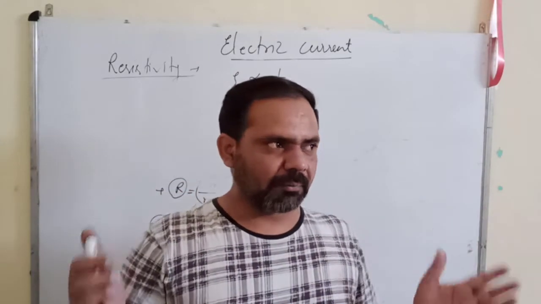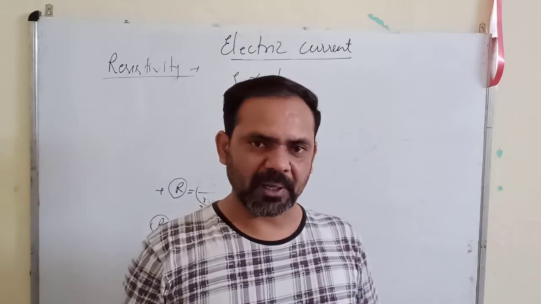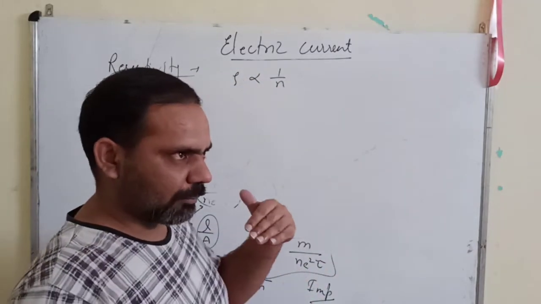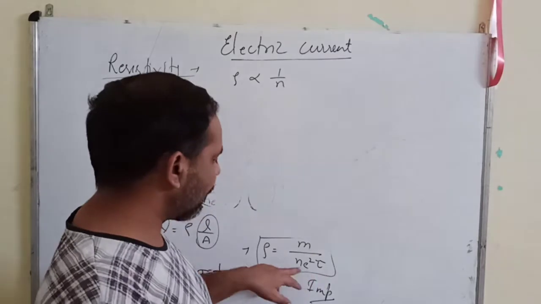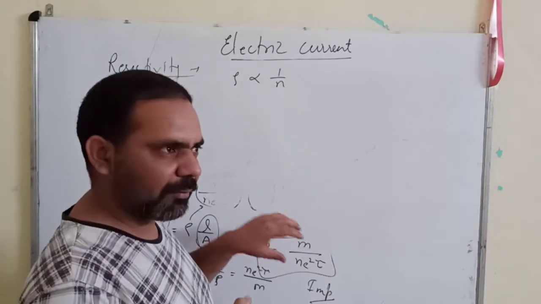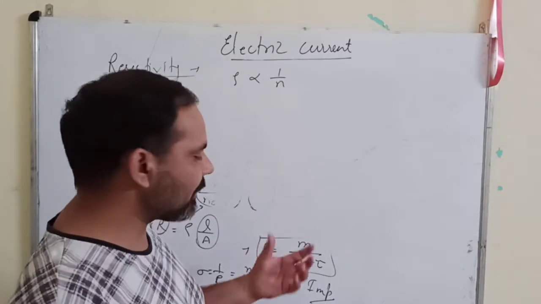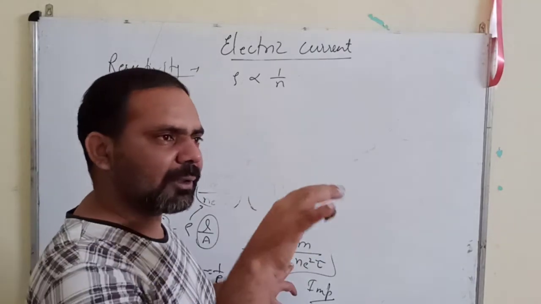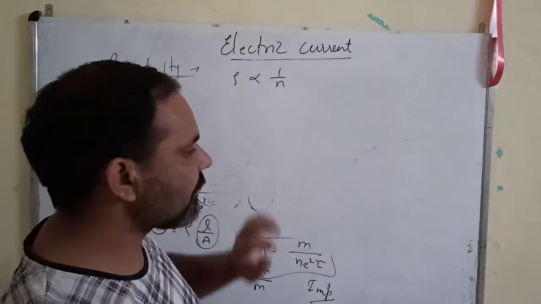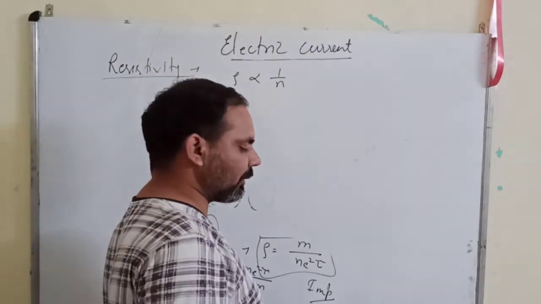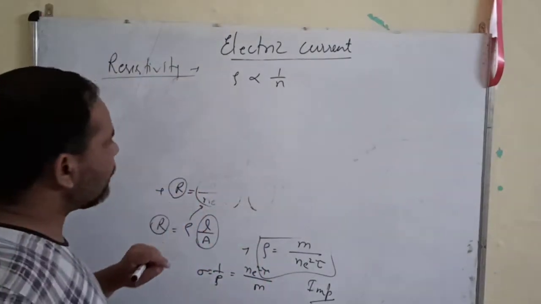They have free electrons more in number as compared to insulators, which don't have any, and semiconductors have a lesser number of free electrons to move. So resistivity depends inversely on the number density of electrons.